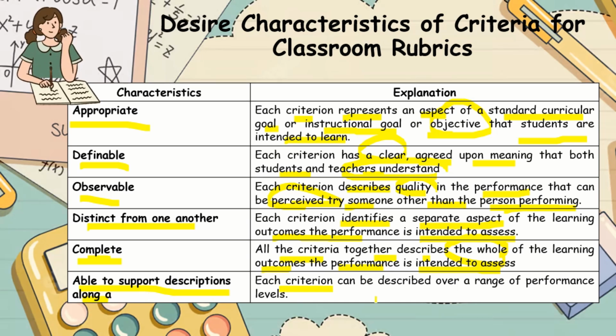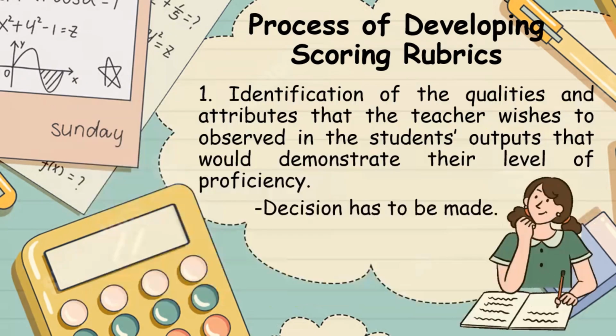So each criterion can be described over a range of performance levels. So these are the characteristics of criteria for the classroom rubric. So we have the appropriate, definable, observable, distinct from one another, complete, and able to support descriptions along a continuum of quality. So the development of the scoring rubrics goes through a process.